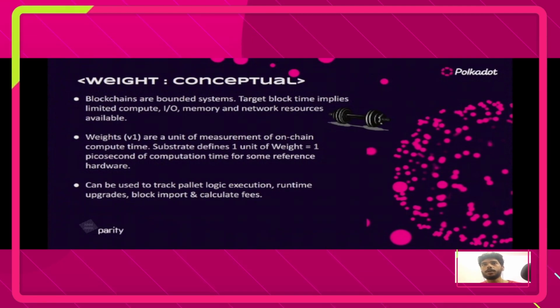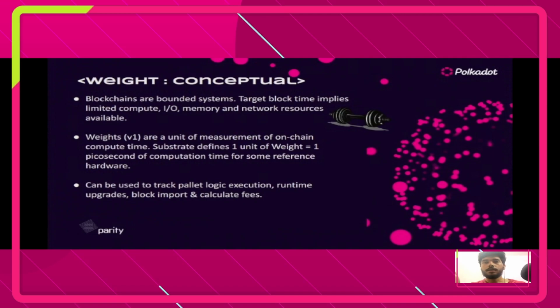So weights V1 are an instrument or measurement of on-chain compute time. Substrate defines 1 unit of weight, which is something abstract, as 1 picosecond of computation. A picosecond is 1 second divided by one followed by 12 zeros.